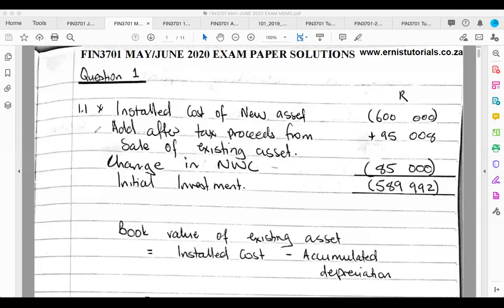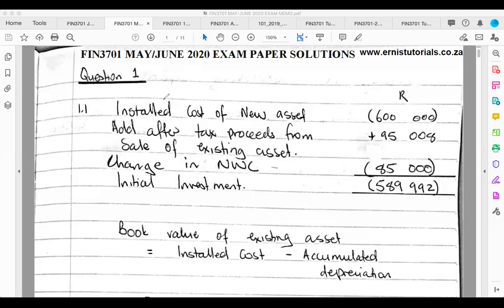We take the installed cost of the new asset, we add the after-tax proceeds from the sale of the existing asset, and then it's plus or minus the change in net working capital. So it will depend whether the net working capital has increased or decreased.